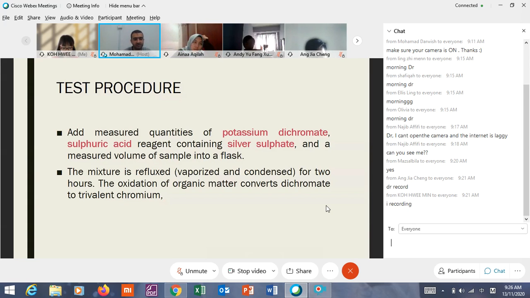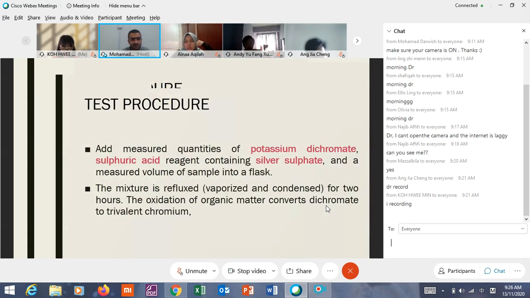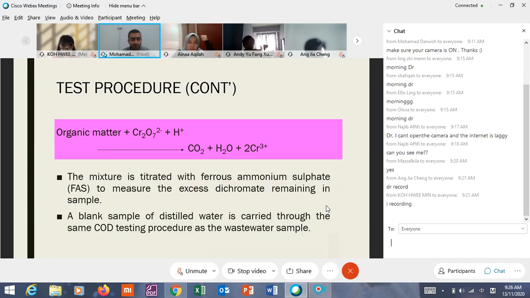So I will leave this part to the slides and I will not go into details, but you have to know that the basic concept is that the organic matter is oxidized chemically. As you can see, this is a chemical equation.